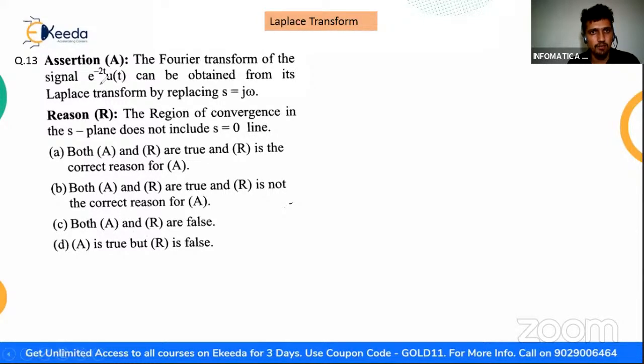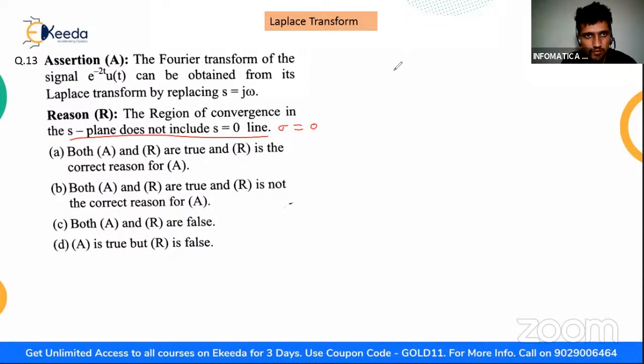The continuous time Fourier transform can be obtained from the Laplace transform by replacing s with j omega, which is basically the s equals 0 line, or sigma equals 0 line. We can do this replacement whenever the region of convergence includes this. So first we will find out that the Fourier transform of the signal can be obtained from its Laplace transform by replacing s equals j omega.